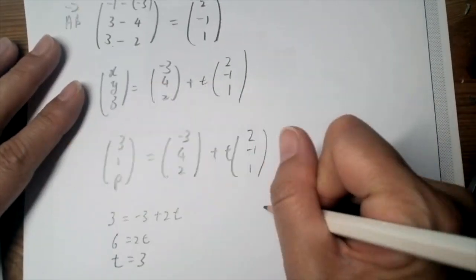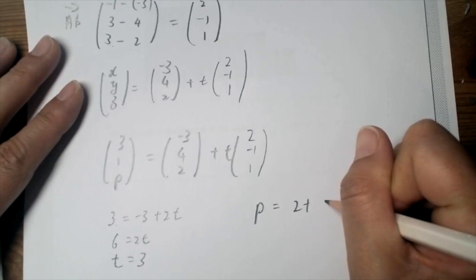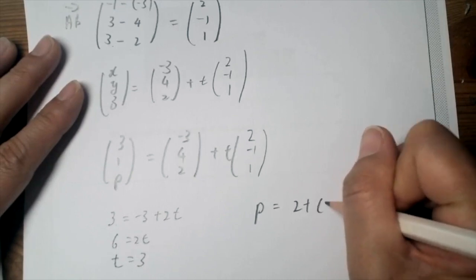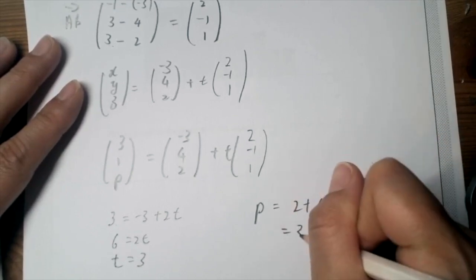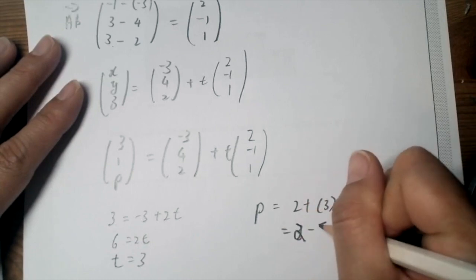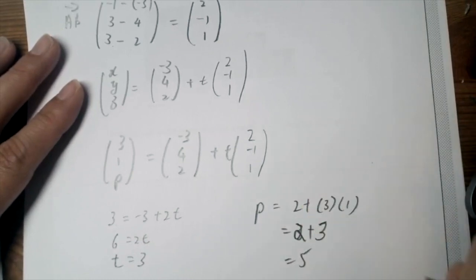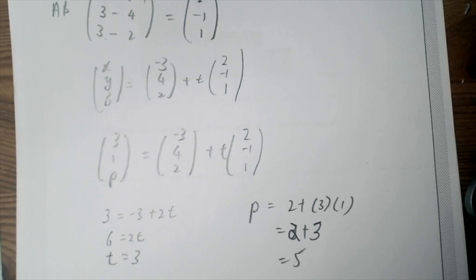Then we put it back in. So p equals 2 plus 3 times 1. So we have 2 plus 3, which gives me 5. So p equals 5. Nice and easy. But I'm running out of space, so I need another paper to do part C.